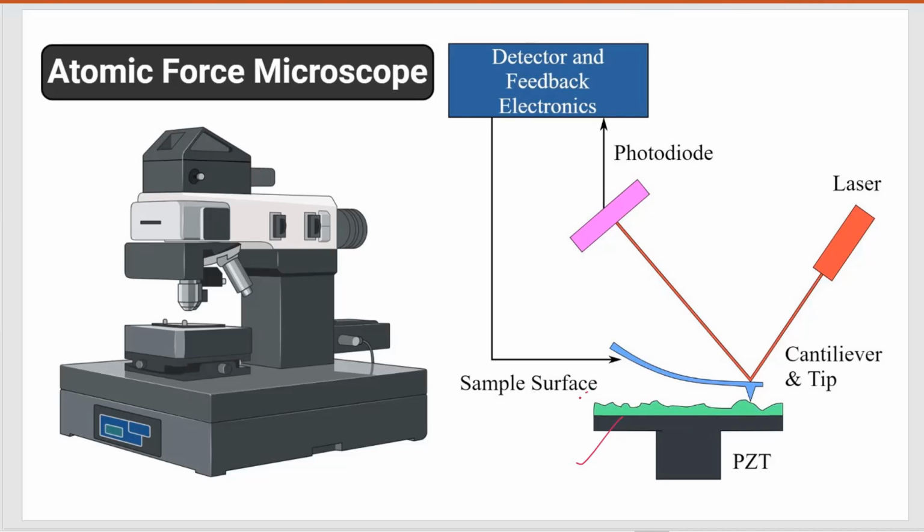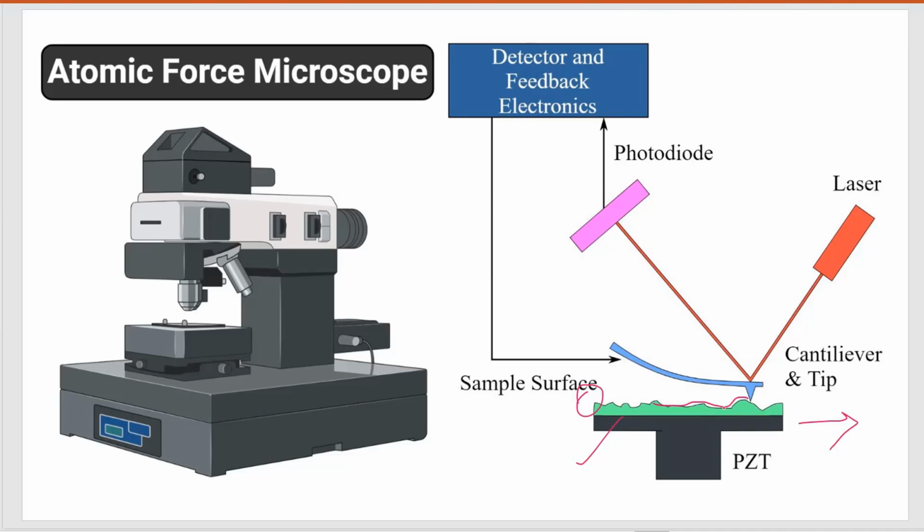You can see the platform is not even, right? There are bulges and edges. As we move this platform, say towards this side, the cantilever will also move. The tip of the cantilever will move like this, okay?